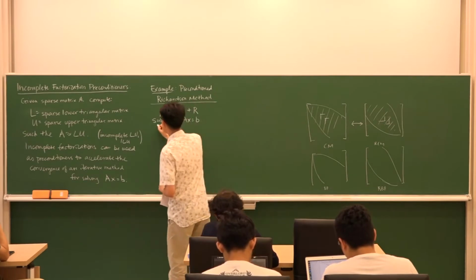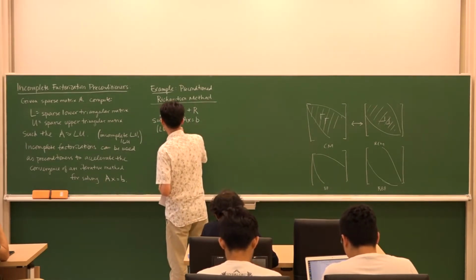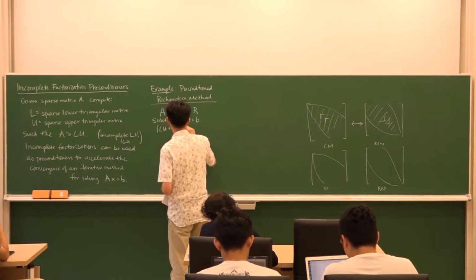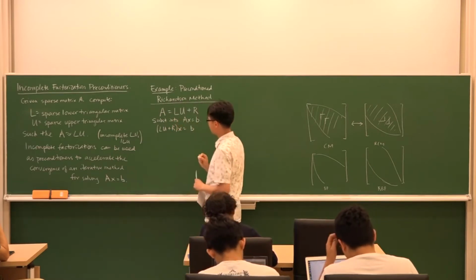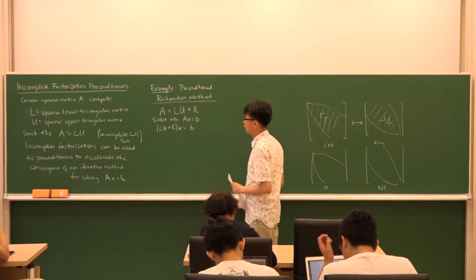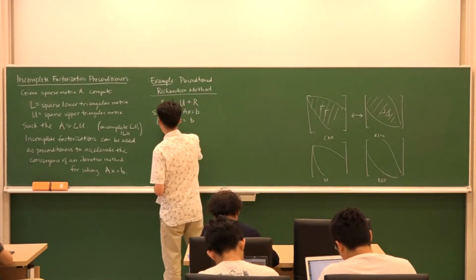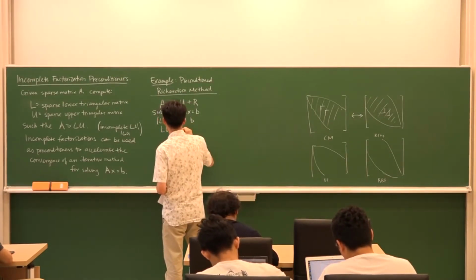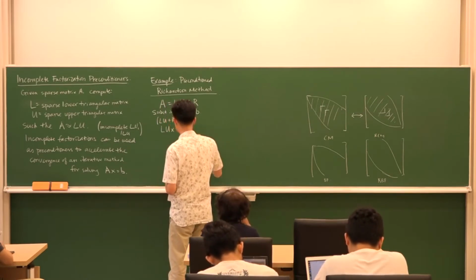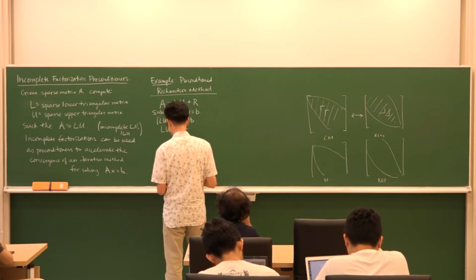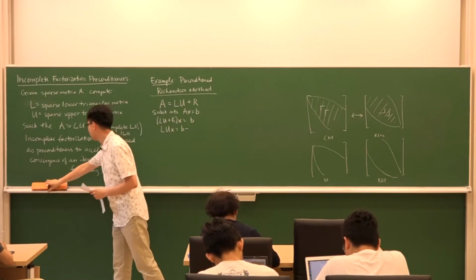So that is (LU + R)x equals b, right? I've just substituted in. And I'm going to move one of the terms to the right-hand side.